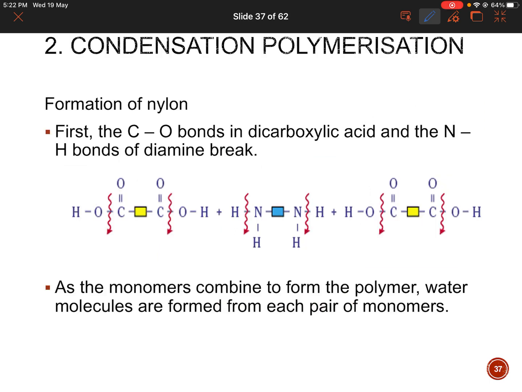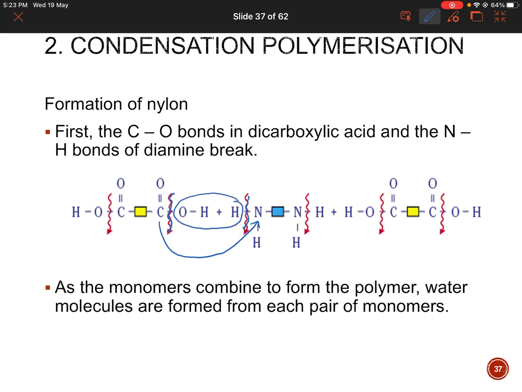So how is nylon formed? When you have all your monomers lined up and you give them certain conditions, some bonds will break. In this case, the C single bond O bond breaks, as well as the N-H bond, and a bond is formed from the carbon atom of the dicarboxylic acid group to the nitrogen of the diamine group. And guess what?